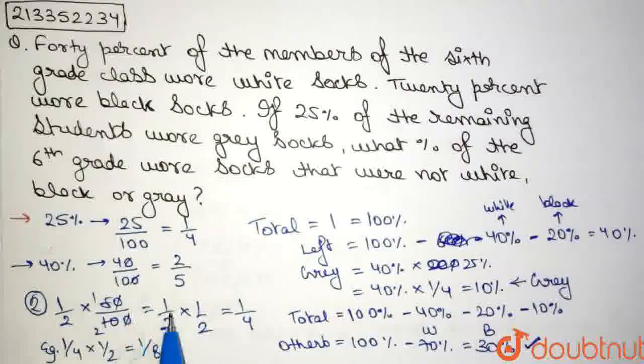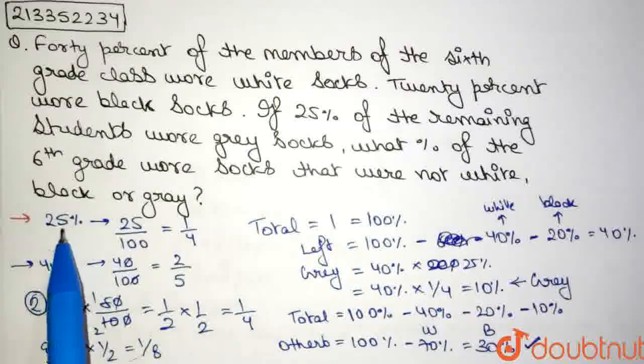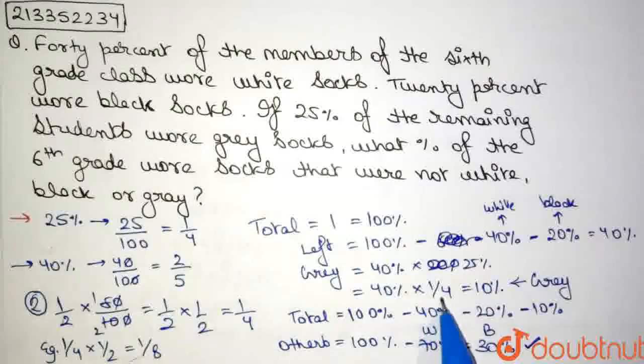And we obtained the value as 1 by 4. Similarly, we did over here too. So we wanted to find 40% into 25% or 25% of 40%. So 40% into 1 by 4, which comes out to be 10%.